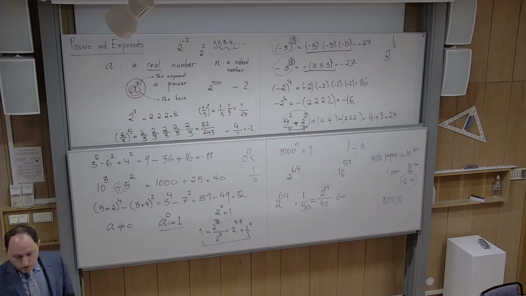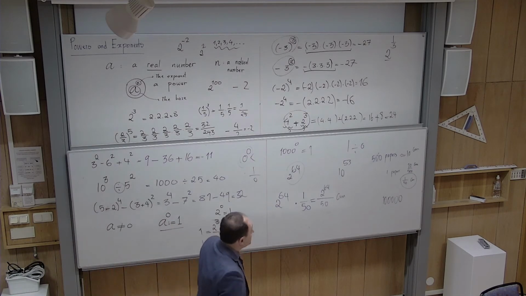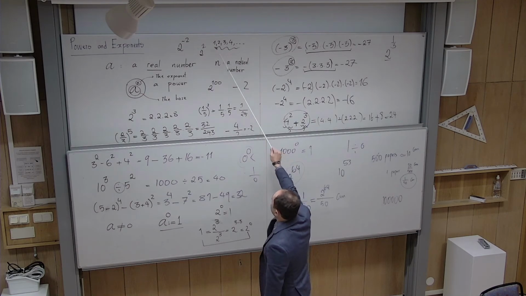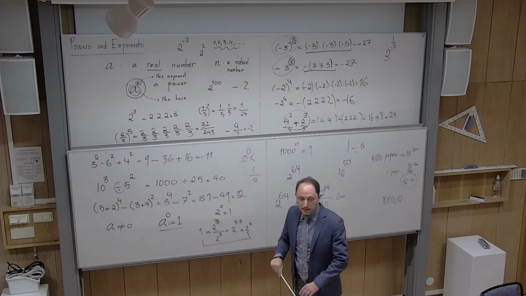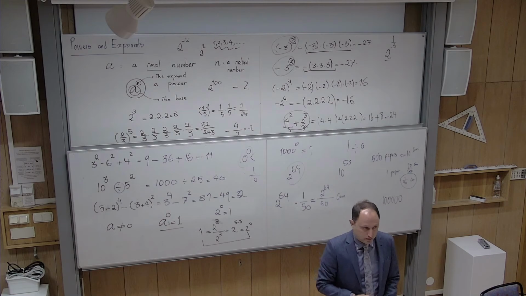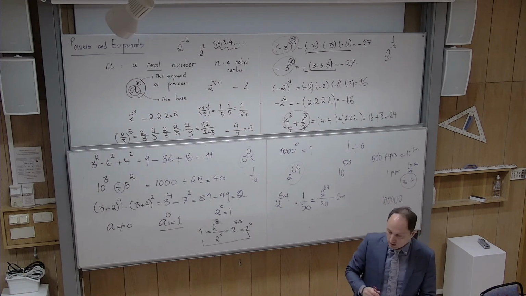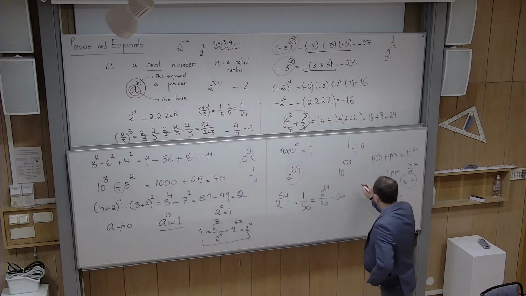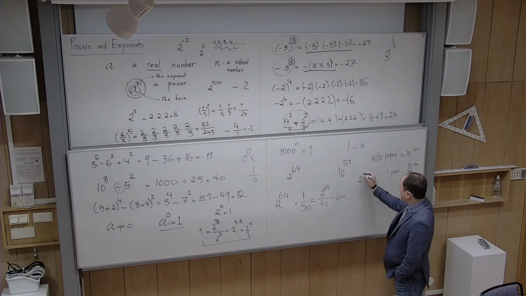Okay, so now let us see how mathematicians have defined negative but still integer powers, integer exponents. For example, I want to see what is the meaning of 2 to the power of minus 3.